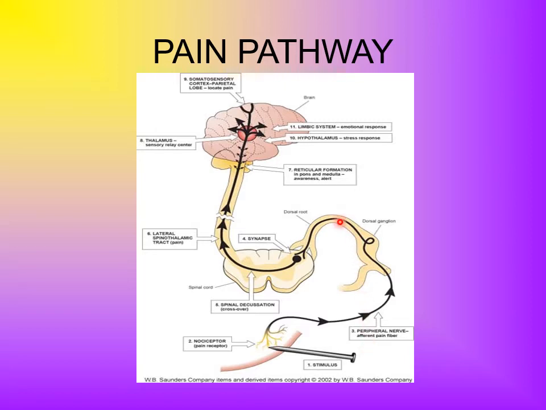And then you go to the synapse, which occurs in the spinal cord, and then you get spinal decussation, which means it crosses over to the other side.